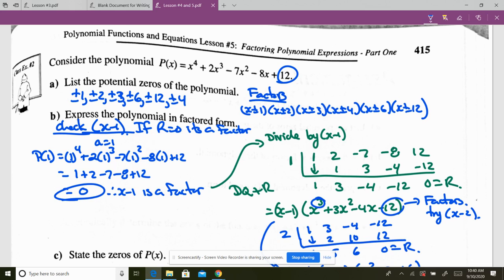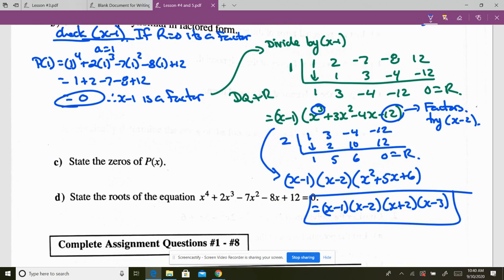And so you have to test to figure out which one is remainder of 0. Divide it by that factor. If it's a cubic, you're going to have to do it again. If it turns into a quadratic, then you just factor, like you always have. Okay? All right.